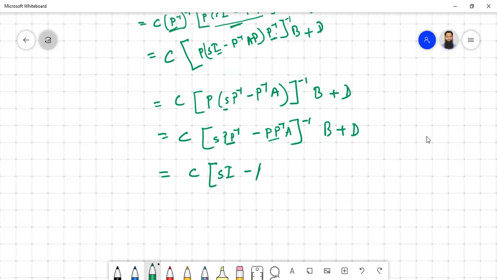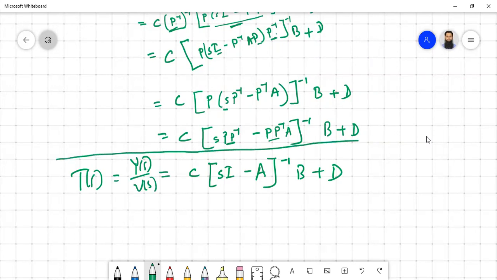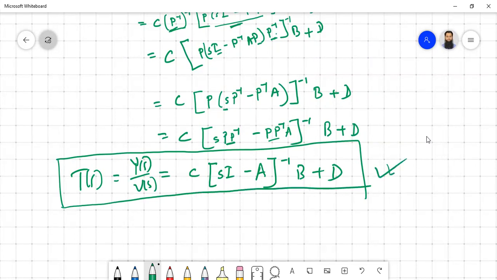So we multiply with A, which gives you just A, and minus inverse B plus D. So wherever we started, T(s) equal to Y(s) by U(s), we actually end up with the same thing. Both transformations are actually representing the same transfer function. These are not complicated at all. Even though they look different in matrix form, eventually they give us the same transfer function.